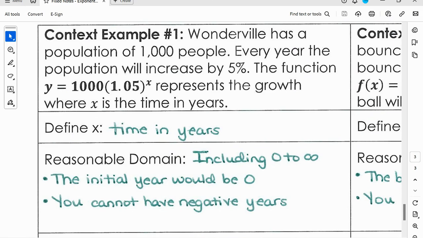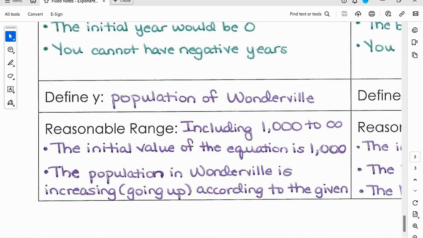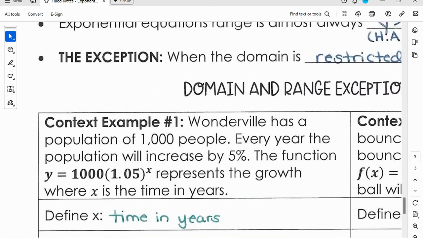What I know is that because the population's increasing, I will have 1,000 to infinity included as my reasonable range. The reason is because the initial value of the equation is 1,000 and the population is increasing, going up according to the given data. We can only go based off the equation we're given, nothing more, nothing less.